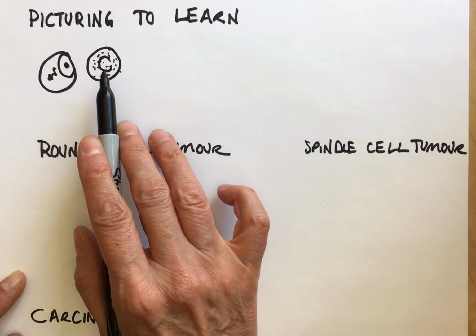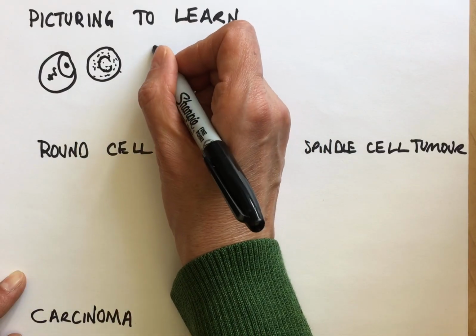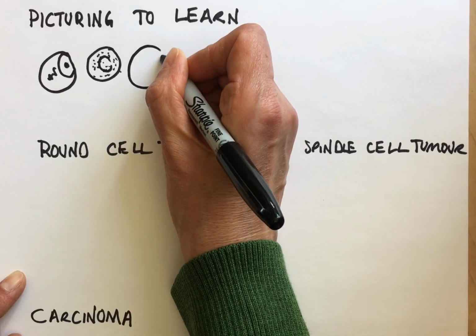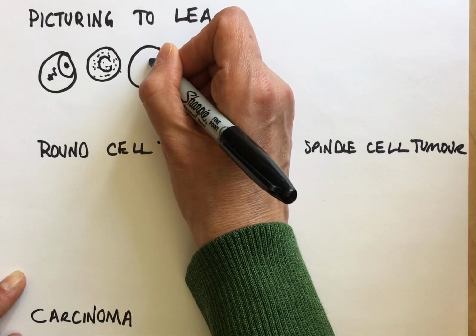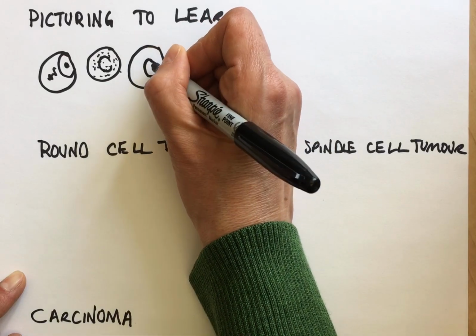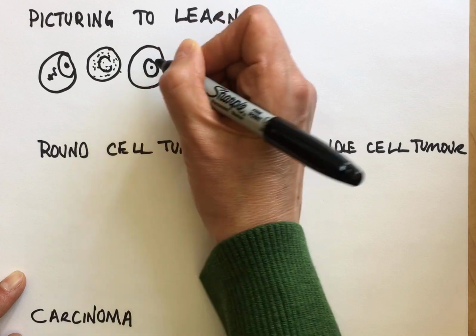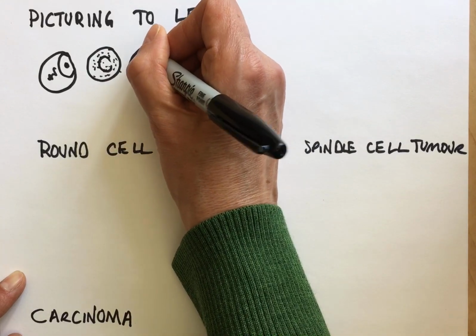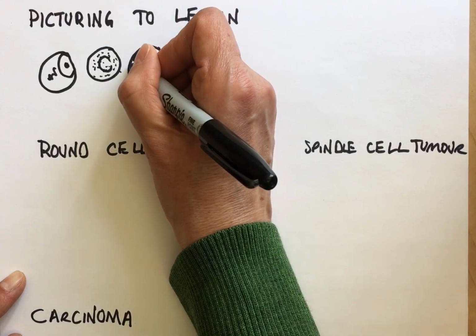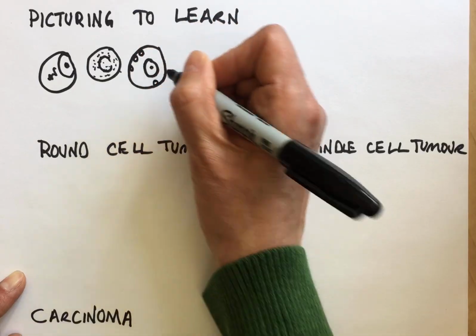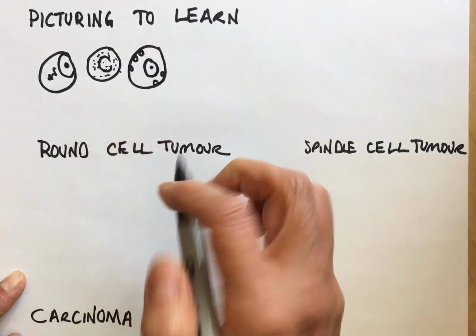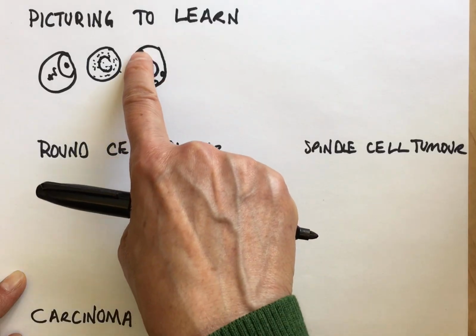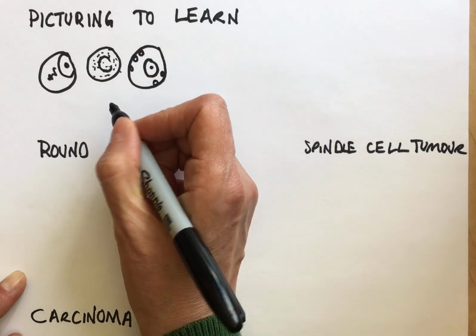So plasma cell, mast cell, TVT, transmissible venereal tumor. The nucleus is paracentric, might have a prominent nucleolus, and what characterizes it, apart from being a round cell tumor, is that it will have little vacuoles that cluster right at the periphery of the cell.